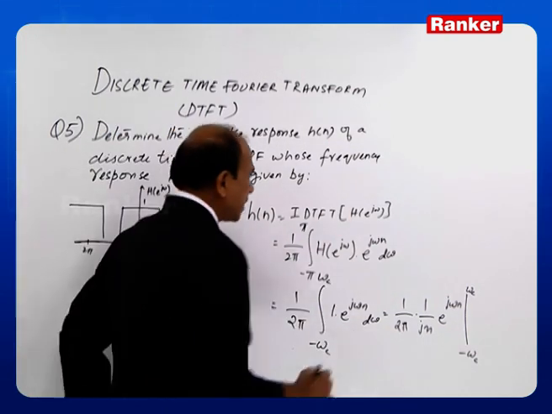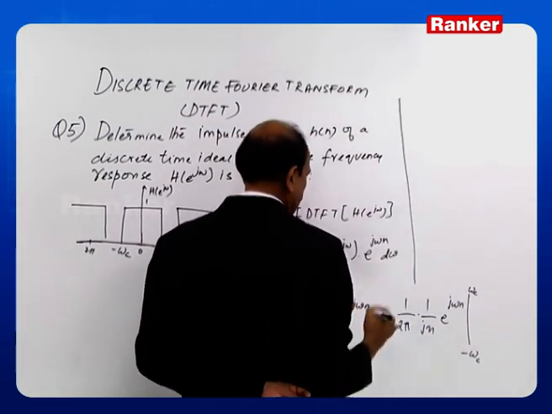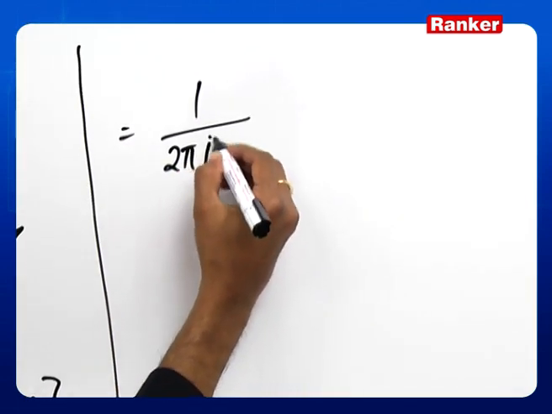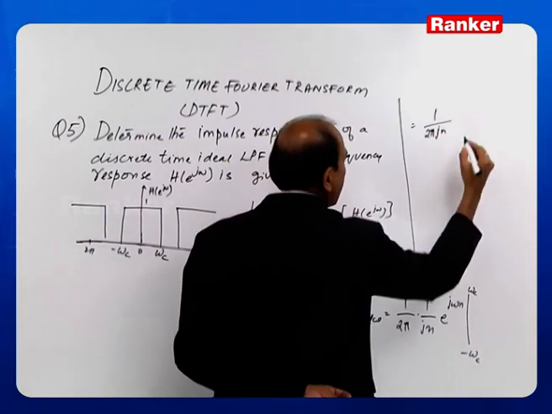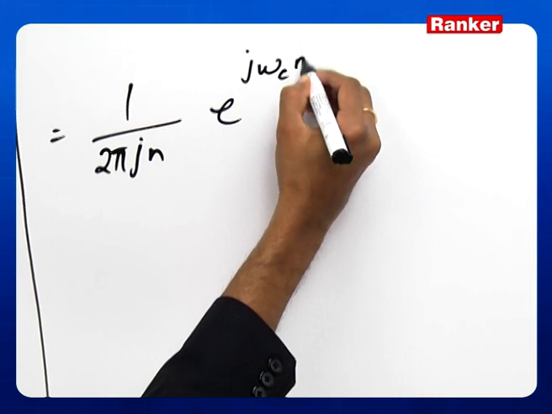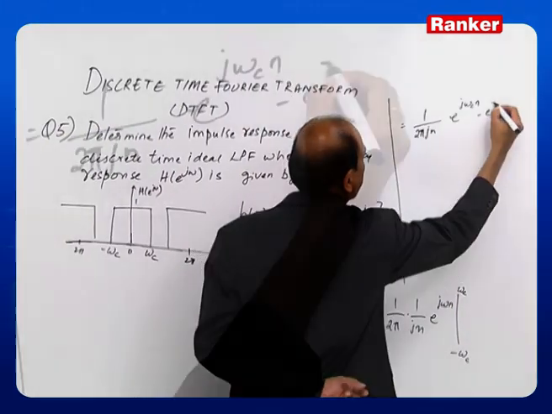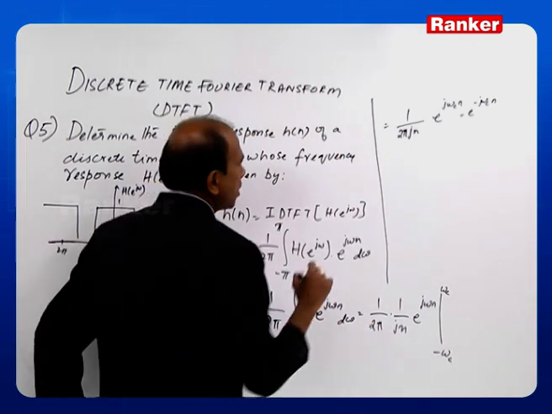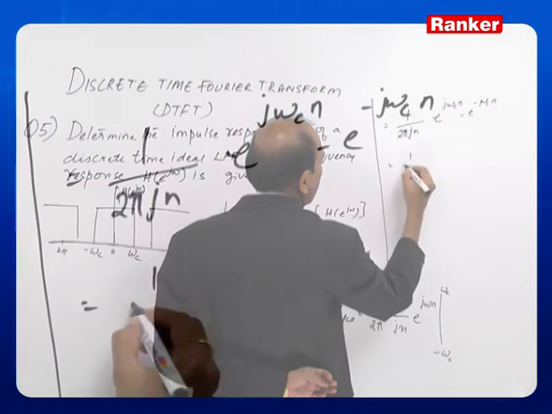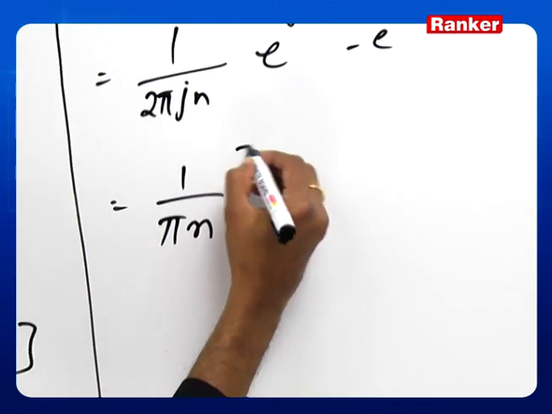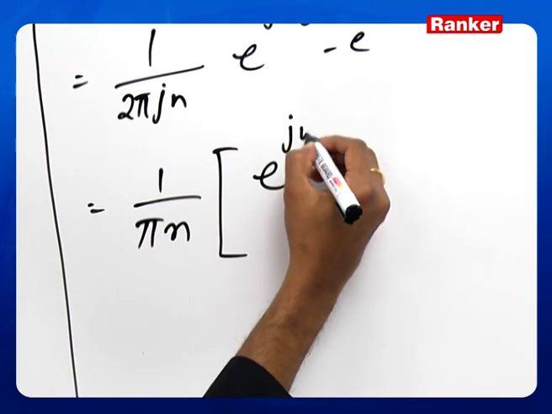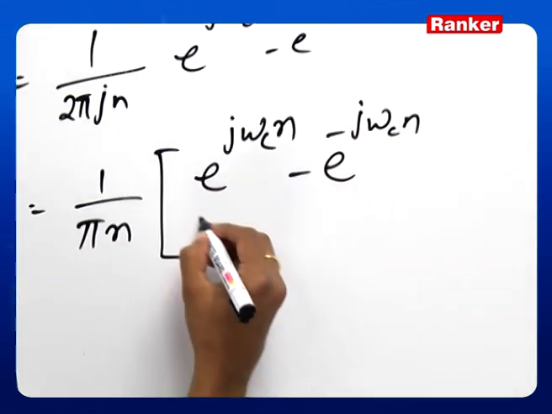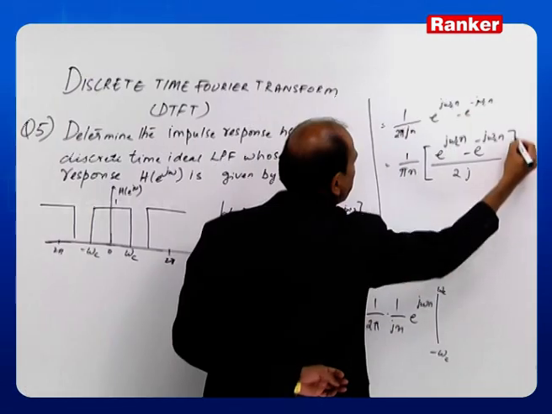Let us do it here. This is equal to 1 by 2 pi j n times e to the power of j omega c n minus e to the power of minus j omega c n. We have just substituted these limits here. What I will do is keep pi n outside, and then e to the power of j omega c n minus e to the power of minus j omega c n, divided by 2 j.